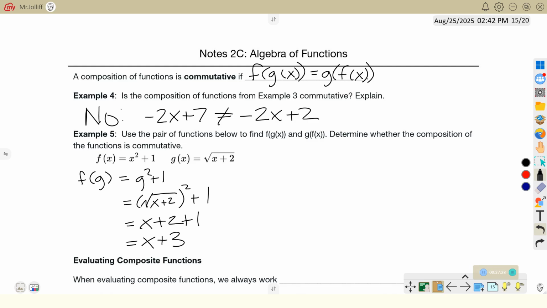Next one was less pretty, but the idea is the same. So we're doing g of f, meaning now my structure is g. G is square root of x plus 2, but now it's square root of f plus 2. And f is x squared plus 1.